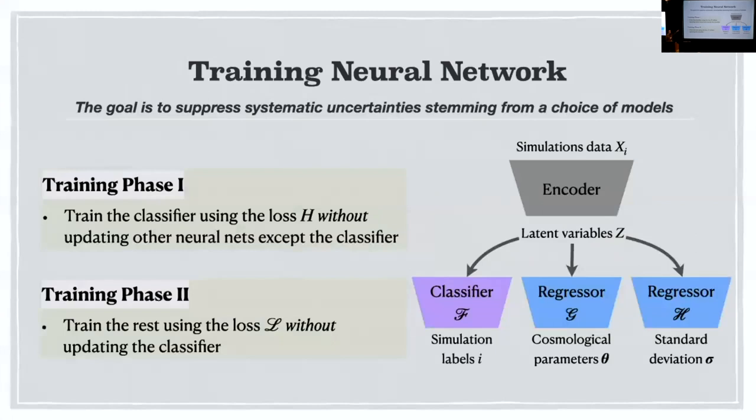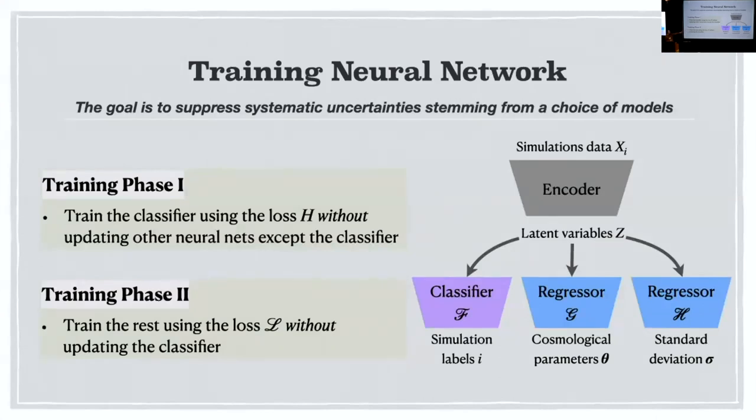There are two training phases. This is very similar to GAN adversarial training. In the first phase, we train the classifier first, without training any other parts like the encoder and regressors, so that we have a good classifier first. Then in phase two, we train the machine without the classifier.